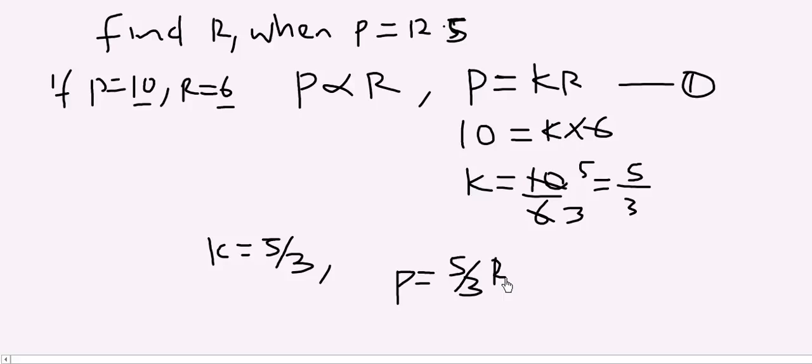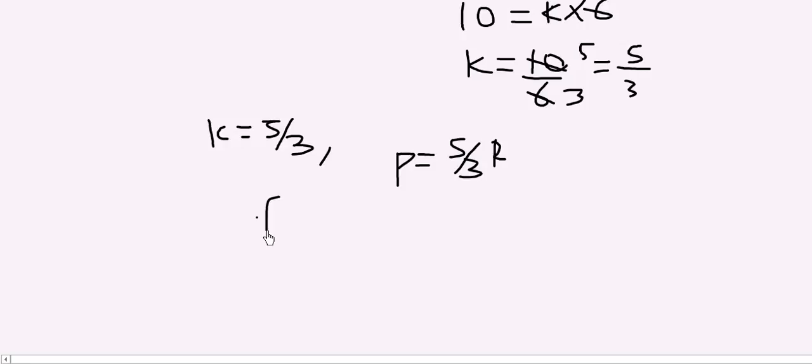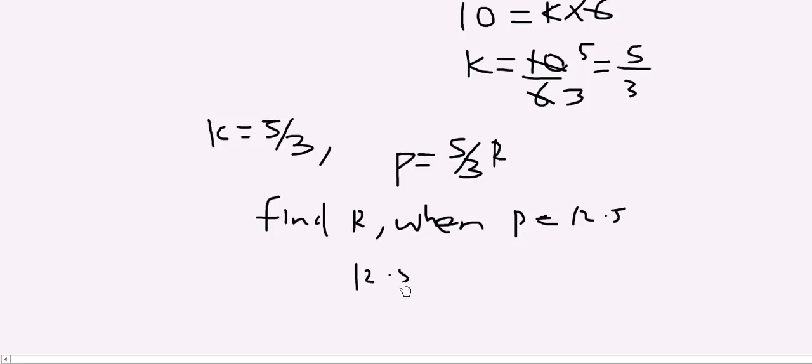To get R, simply substitute the value of P is equal to 12.5. So it means that I have 12.5 for the value of P is equal to 5 over 3 R. So from here, I can actually find R.